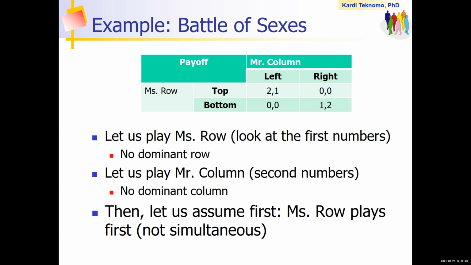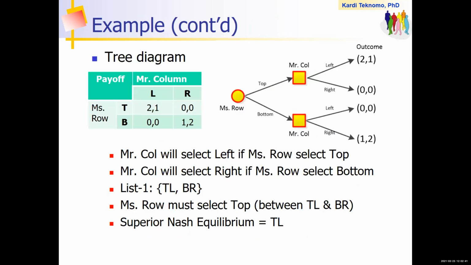So then you say, oh, I cannot find the equilibrium. Yes, you still can, using Nash equilibrium. So how? Let us assume first that Miss Row will play first, not simultaneously. Now you draw as Miss Row. Miss Row has two choices, top or bottom, right?